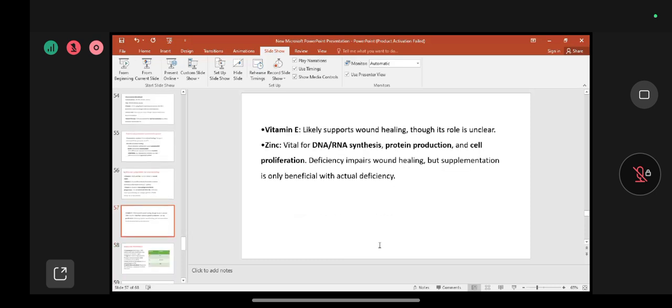Vitamin E is likely supportive for wound healing, though its role is unclear. Zinc is vital for DNA and RNA synthesis, protein production, and cell proliferation. Deficiency impairs wound healing, but supplementation is only beneficial with actual deficiency.